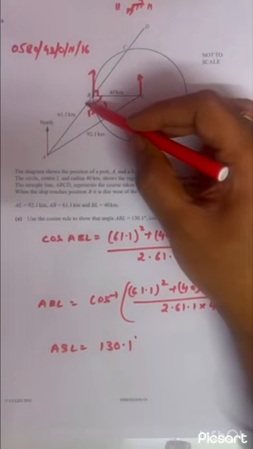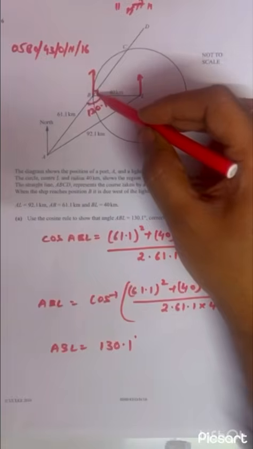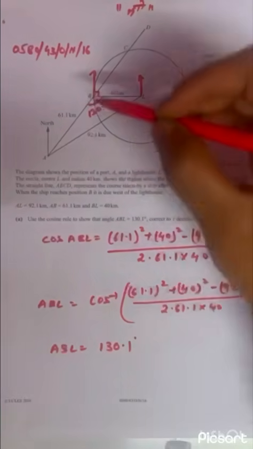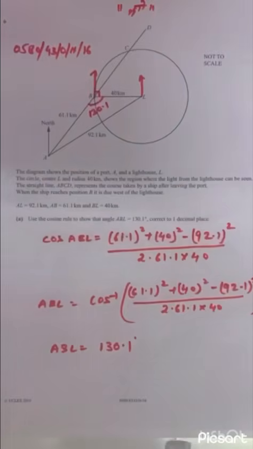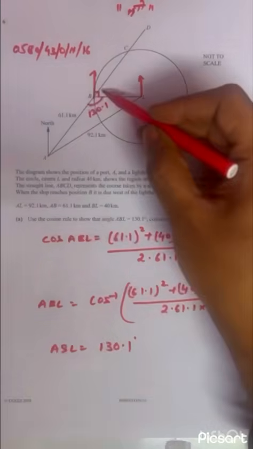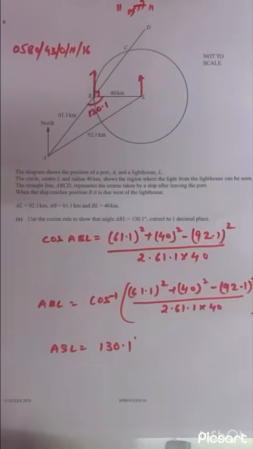Now let's say this is 130 and this is 90. Then what will be this angle? I'll calculate it because the next part will help you in that. Let's use a simple calculator. It's 130.1 plus 90, and I'll subtract this from 360 degrees.